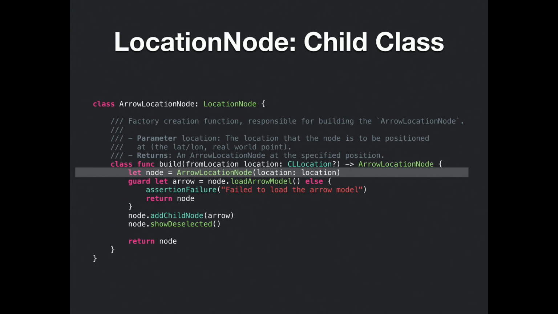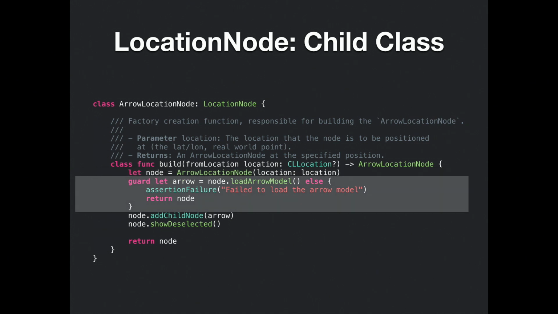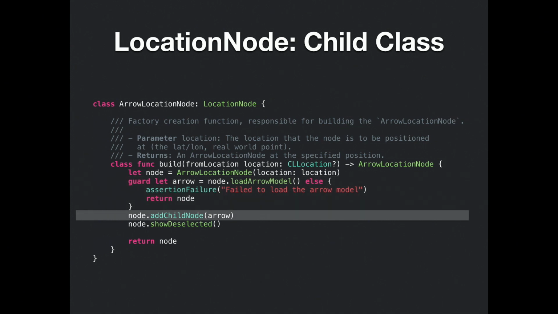So we're going to go and create an instance of this node with the location. And in this case, we're going to fail if we can't load it. It's a do not pass go, do not collect $200 scenario. And then what we're going to do is take this arrow node and add it as a child. This is a pretty common approach.